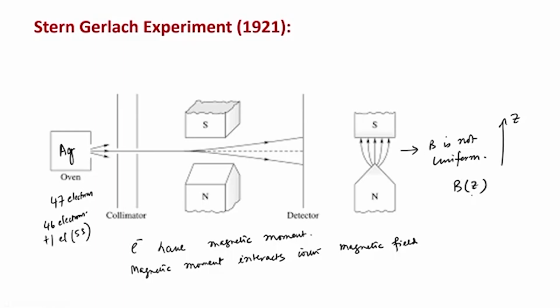So, B has z dependence. Okay. So, F_z, that is the force in the z direction, is del/del z of mu dot B, that is the interaction term, and that is how the magnetic moment of the electron, the only electron that we are talking about, the rest are all filled shells of the silver atom.